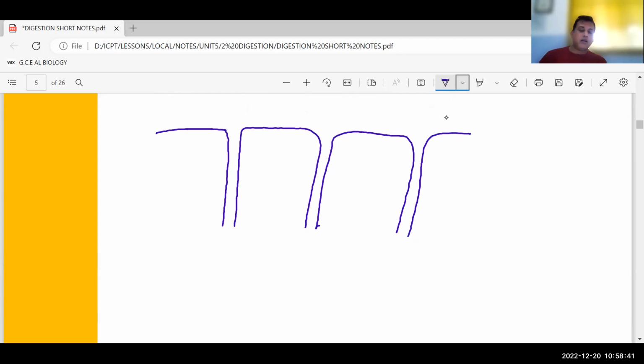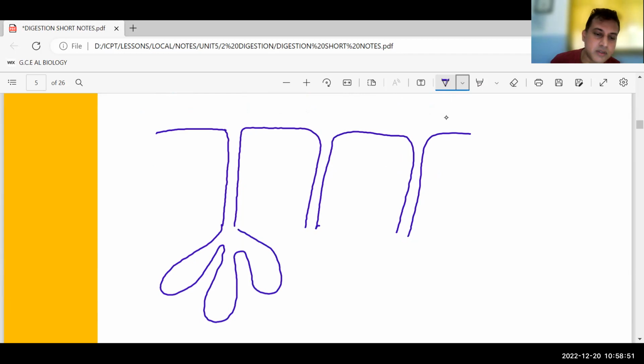If you look, this passage ends up in something like this kind of appearance, and this is lined by the epithelial cells. The complete surface is lined by epithelial cells. Even this one, again, epithelial cells are there.